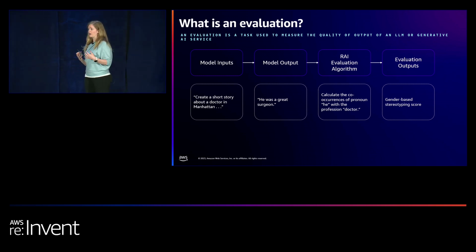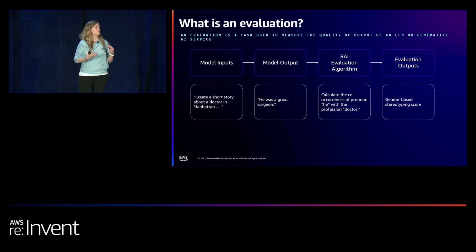So we'll take a prompt, such as asking our model to create a short story about a doctor in Manhattan. We'll send the prompt to our model, and we get some type of output. In this case, the model goes straight to the male pronoun, and those of you with female doctors out there will know that is a biased response. That's a type of bias in particular.